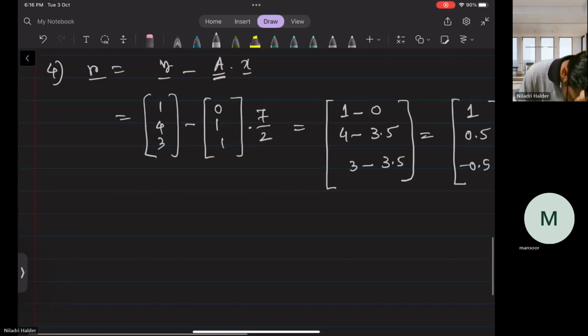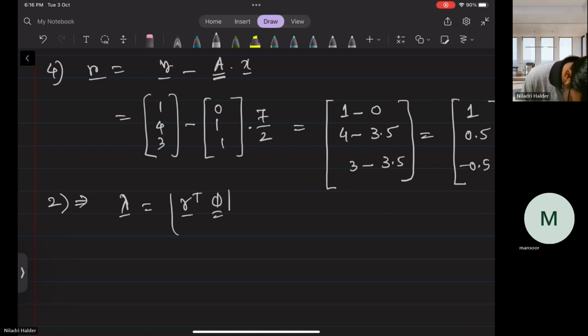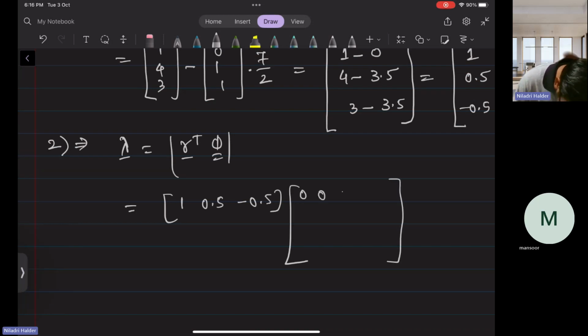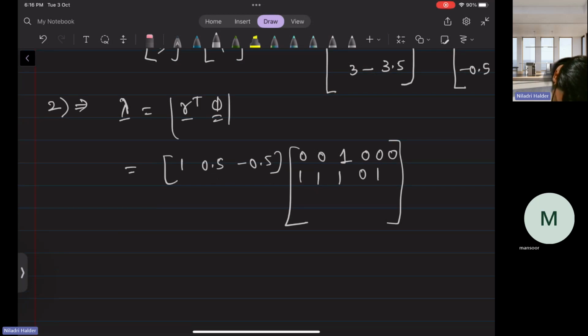So the second step will give R. So lambda is equal to R transpose phi, the absolute value of this. So this is equal to 0 0.5 minus 0.5, into what was the phi? Phi was 0 0 1 0 0 0, then 1 1 1 0 1 0, 0 1 0, then 0 0 0 1 1 1.